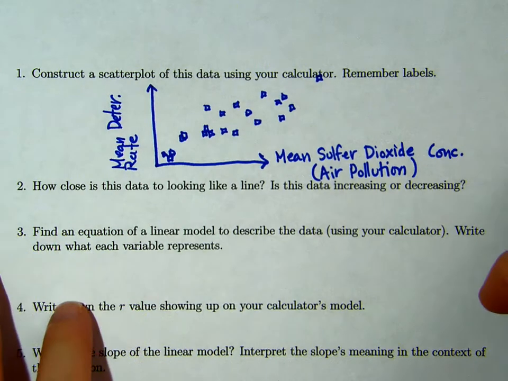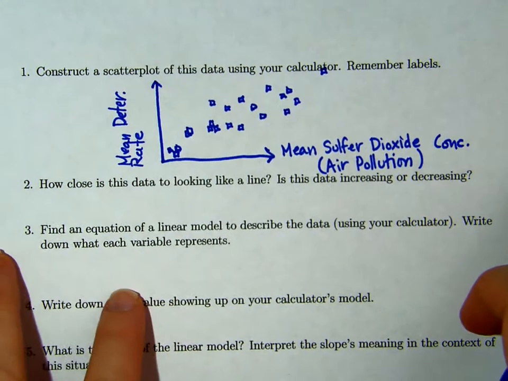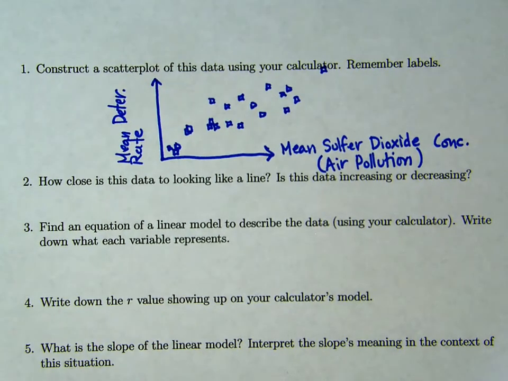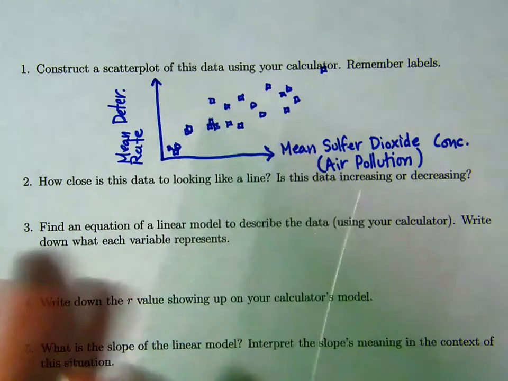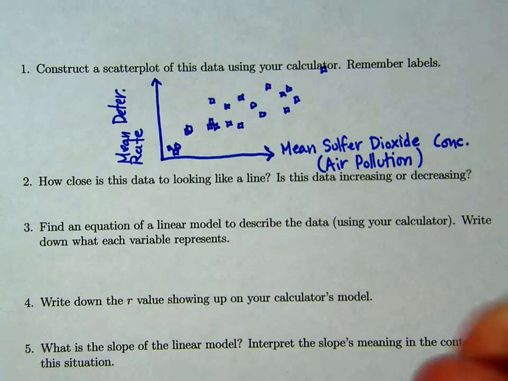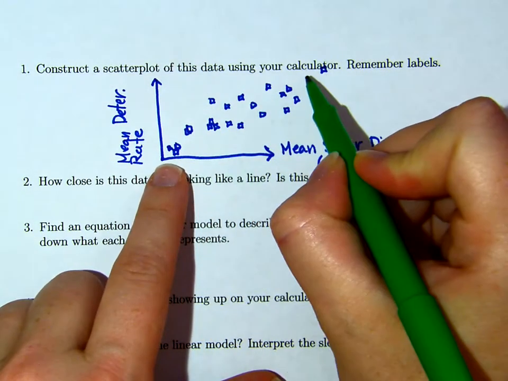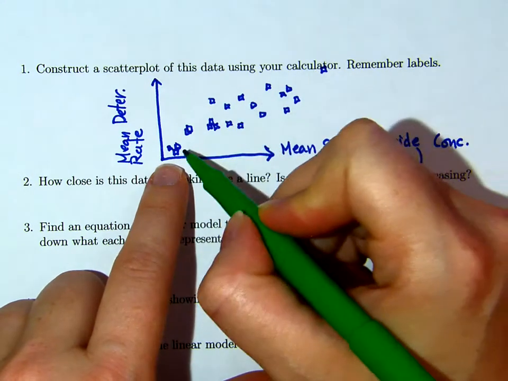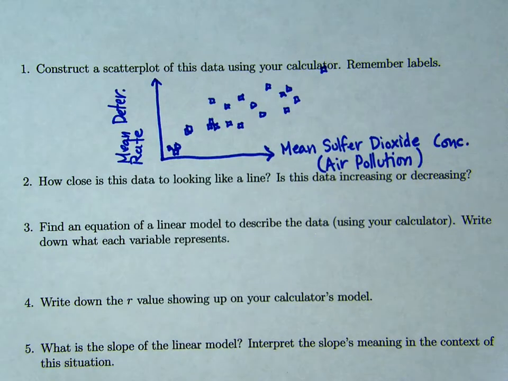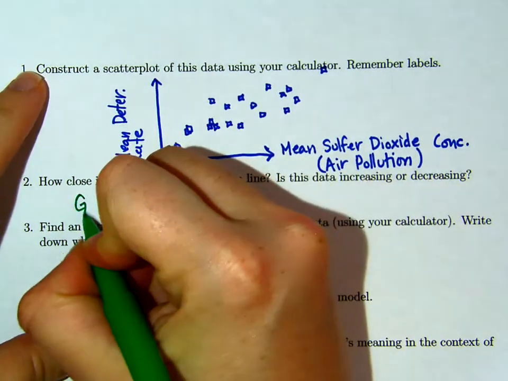How close is this data to looking like a line? I mean, I'm okay with it. I feel comfortable. I mean, it's not perfect, but I feel comfortable putting in a line here. My imagination can put it in, but it's not perfect. So good.